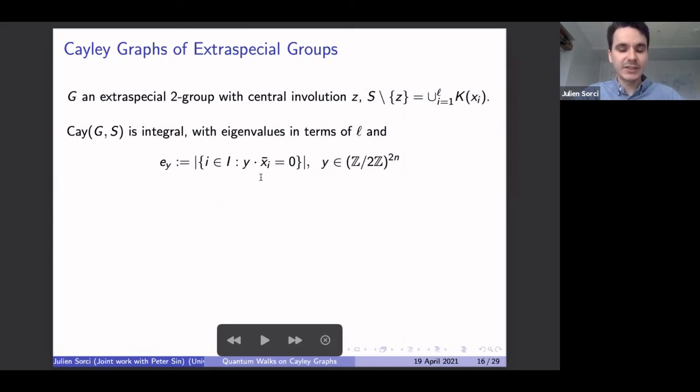To explain what that is, thinking of these representatives, the x_i's, as elements in this particular projective geometry, then e_y is the number of those points that lie in the hyperplane given by y. So when I write x_i bar here, that just denotes its image in that elementary abelian 2-group. So it's just the number of these points that lie in the hyperplane given by y.